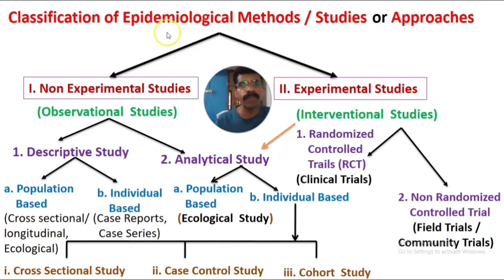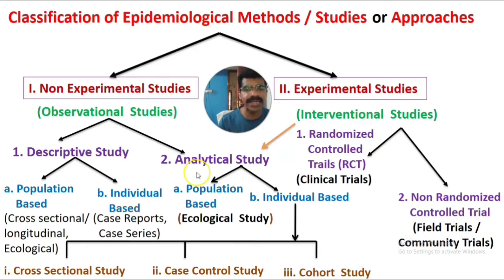So the classification of epidemiological methods, studies or approaches includes non-experimental and experimental studies, that is observational studies and interventional studies. Both include two types mainly, that is descriptive study and analytical study under observational studies, and randomized controlled trials and non-randomized controlled trials in interventional studies.